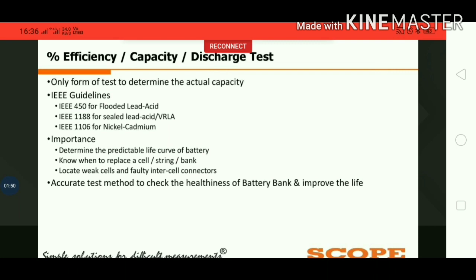It is also possible to locate weak cells and faulty intercell connectors. So the capacity or discharge test is an accurate and proven test method to check the healthiness of the battery bank and improve its life.